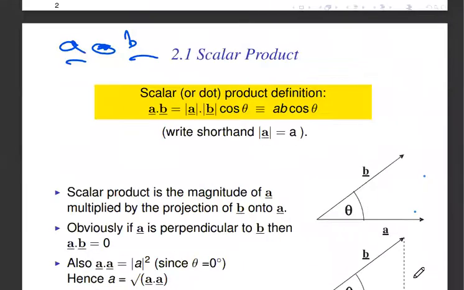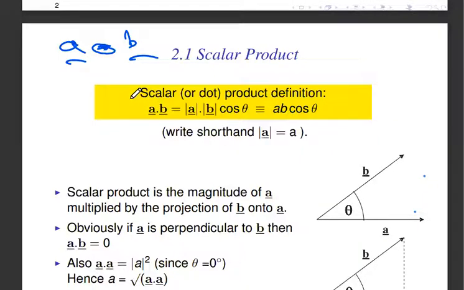When you take the dot product of these two vectors, then you get a scalar. That's why we call it scalar product.